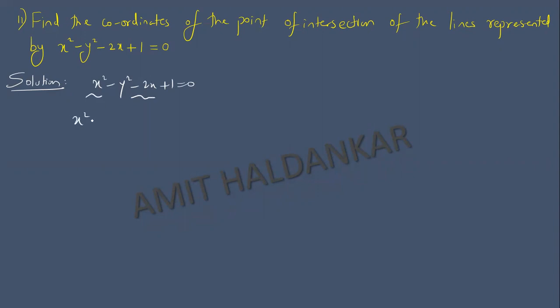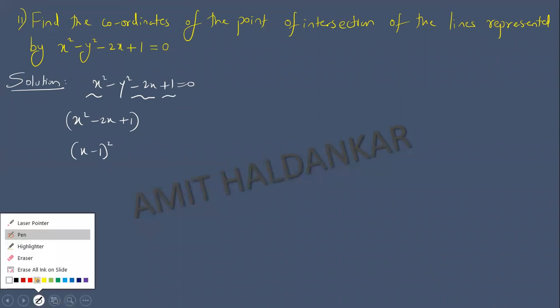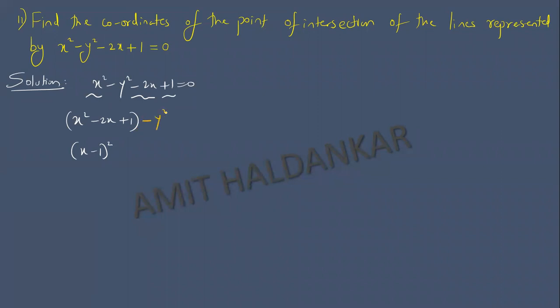So x square minus 2x is what I have taken together. And to make it a complete square, if I take this plus 1 also, this actually looks like the expansion of x minus 1 the whole square. And the remaining term, that is minus y square, is equal to 0.